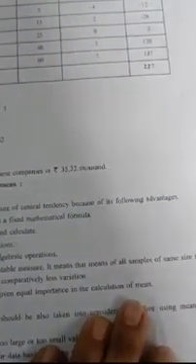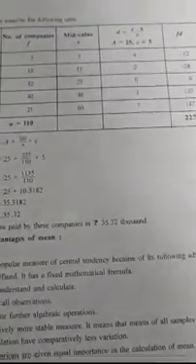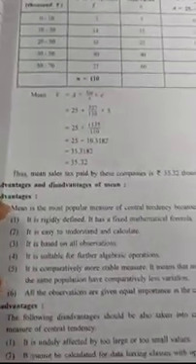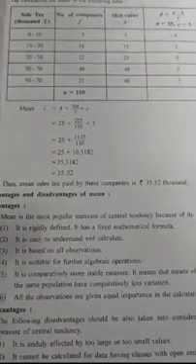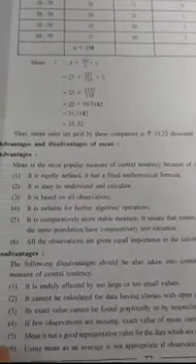Then all the observations are given equal importance in the calculation of the mean. Each and every observation has its own importance and its own value. So these 6 points are similar to the characteristics. Now the disadvantages will be the opposite.